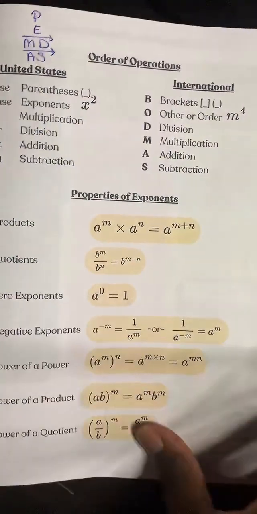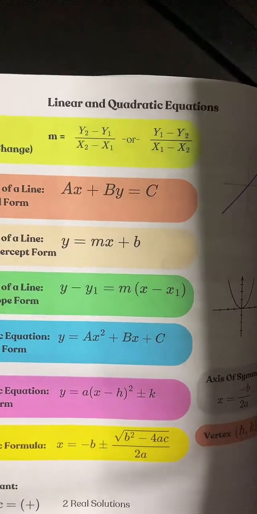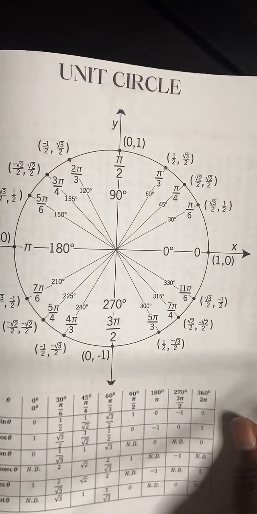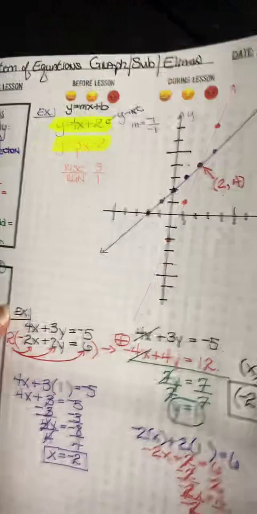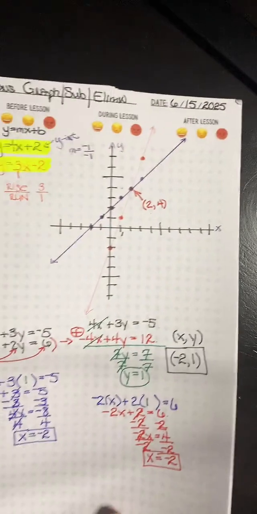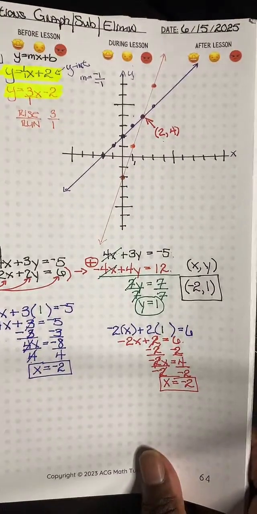In addition, we have order of operations, and a little bit of linear and quadratic equations. All those equations and things that you've learned in math, including the unit circle, because this book is basically designed for 7th grade all the way up to adults, just to use it as a reminder.